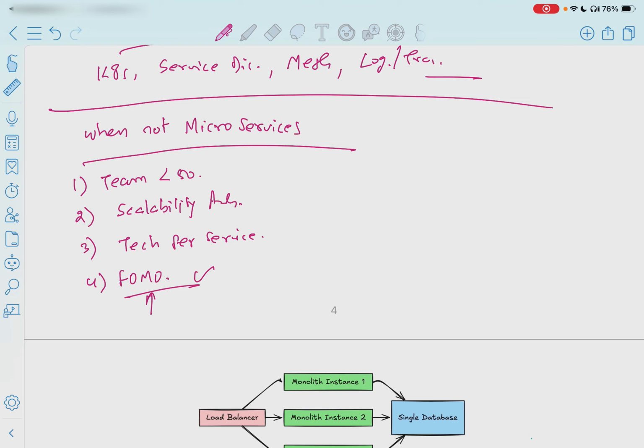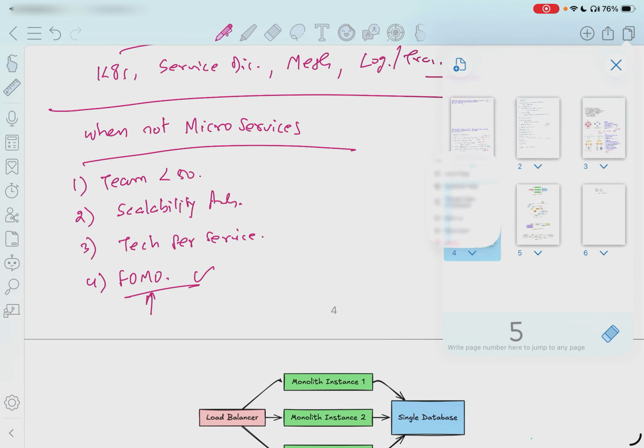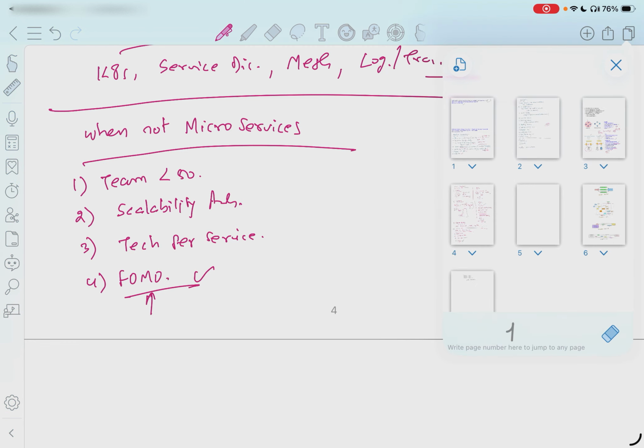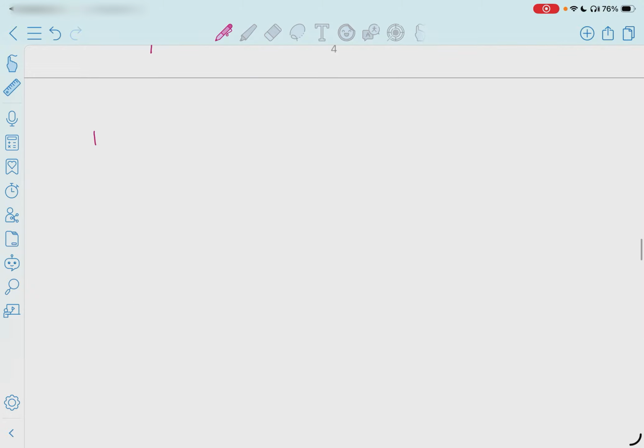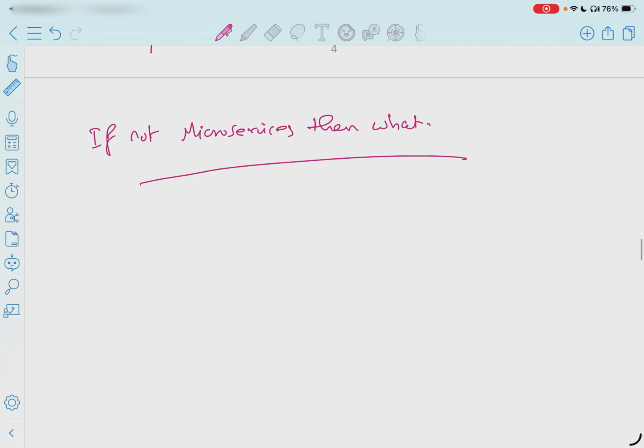So if not microservices, then what? Let me add one more page here. What is the solution for this?